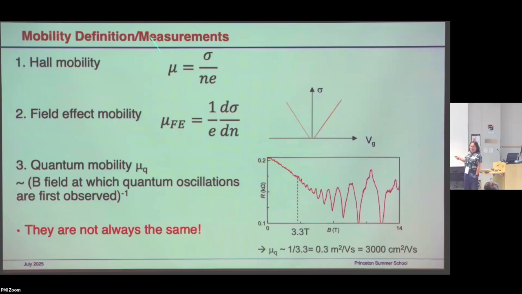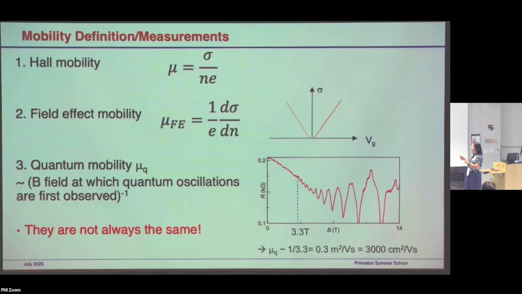And these numbers are not always the same. For example, part of the reason is that there's a dependence of the scattering time on energy, so these two will be different. Especially in semiconductors, it's also affected because you're turning on the channel from the band gap to the conduction band.